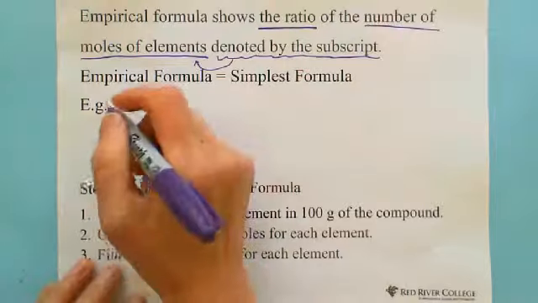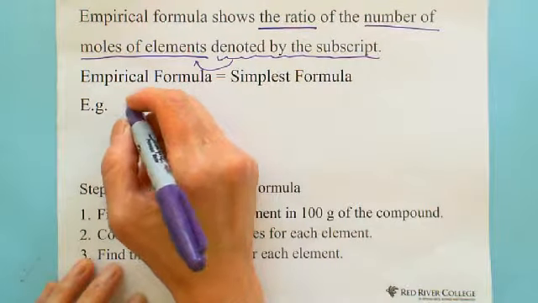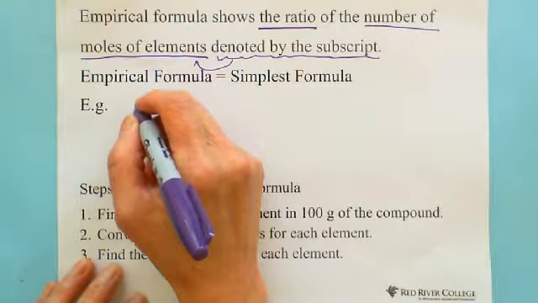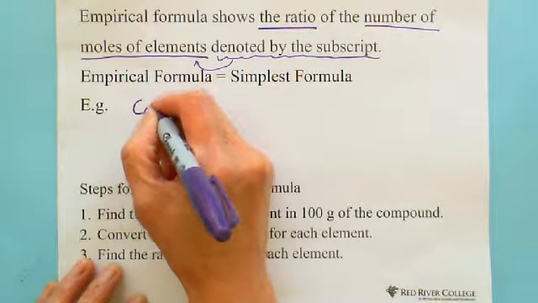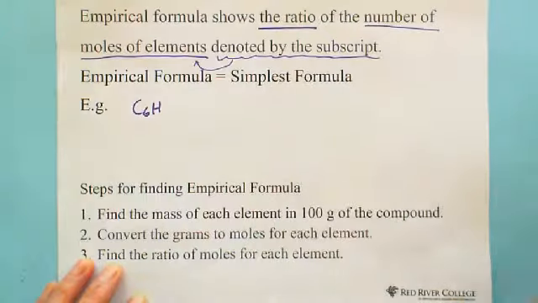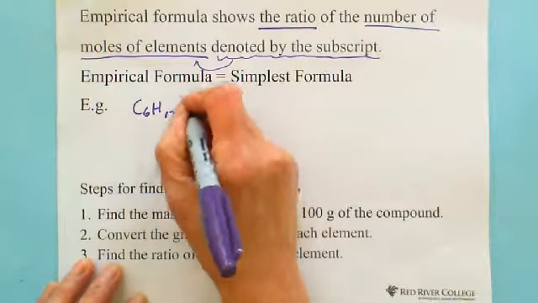So for example, we have the formula of glucose, C6H12O6.